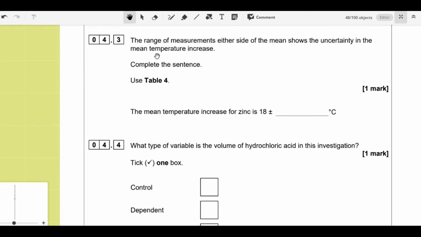Next is, the range of the measurement on either side of the mean shows the uncertainty of the mean temperature increase. Complete the sentence. The mean temperature increase of the zinc is 18 plus minus.